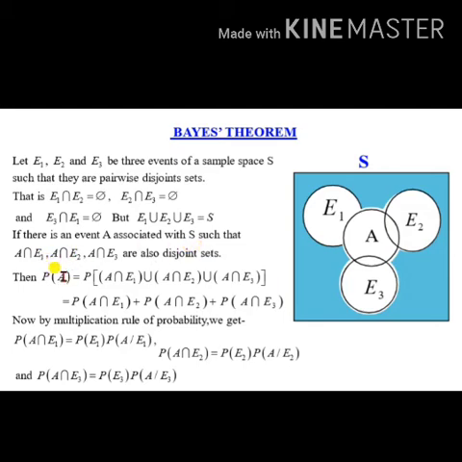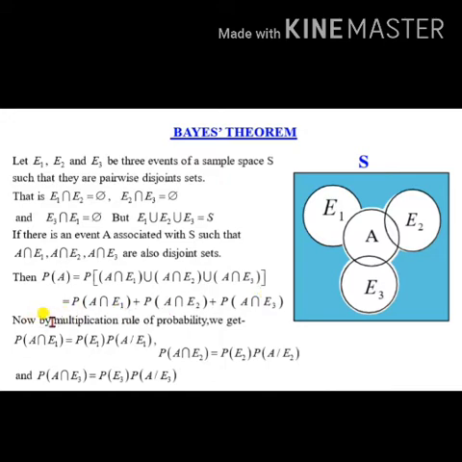Then the probability of event A can be expressed as the probability of the union of A intersection E1, A intersection E2, and A intersection E3. Since they are disjoint events, this union sign will be replaced by the plus sign. This is the rule of probability. That's why we get probability of A equal to this step.